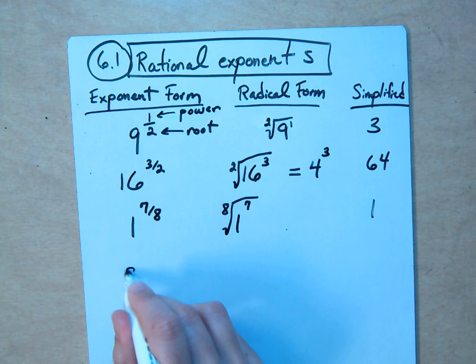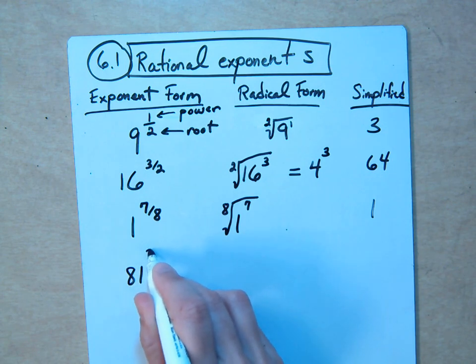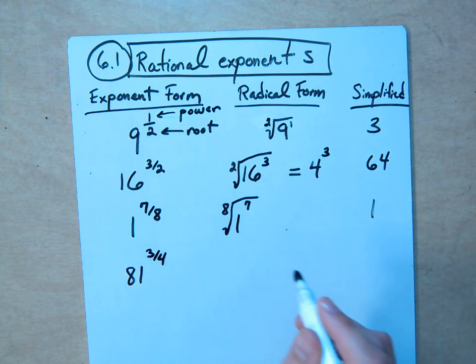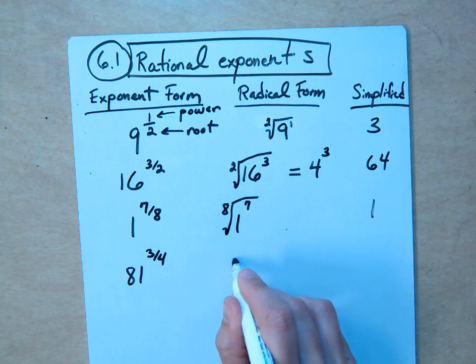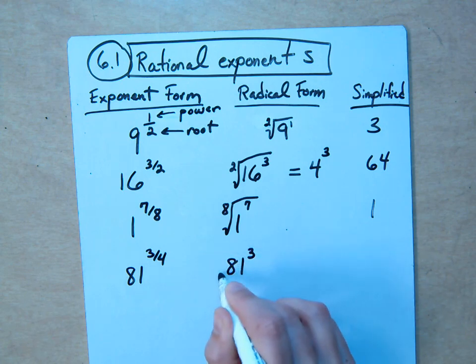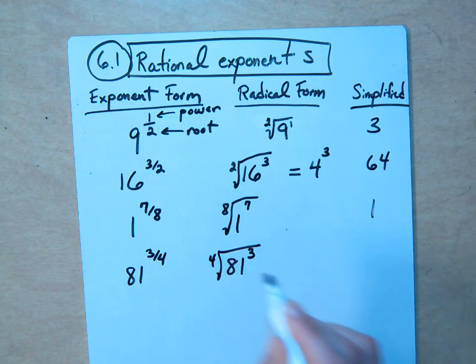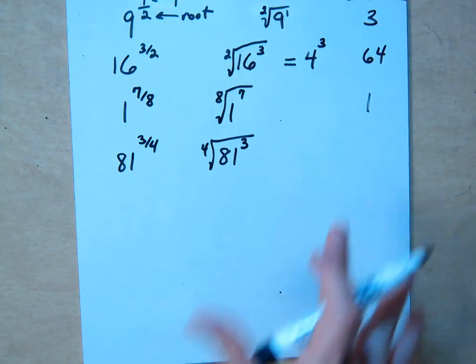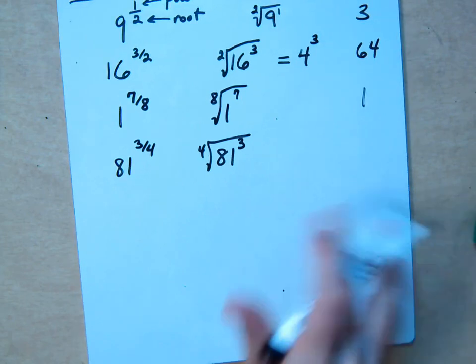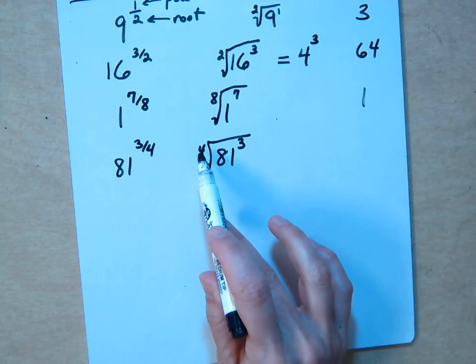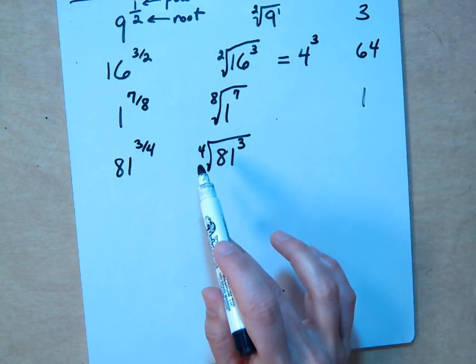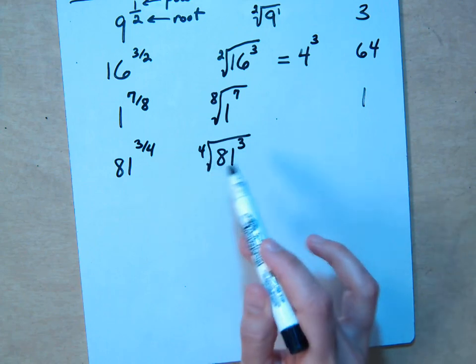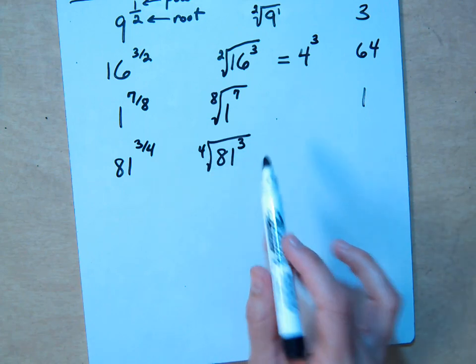Let's do 81 raised to the 3/4 power. So that's 81 cubed, 4th root. If you do 81 cubed, here's a good example where you're going to get a really big number, and that's obnoxious. So do the 4th root first. What number, when you multiply it by itself 4 times, gives you 81?